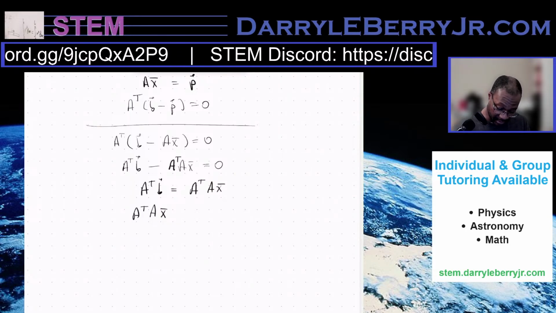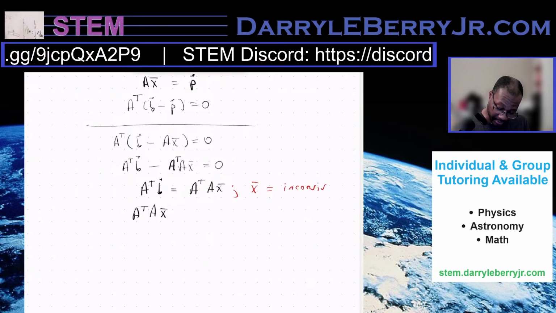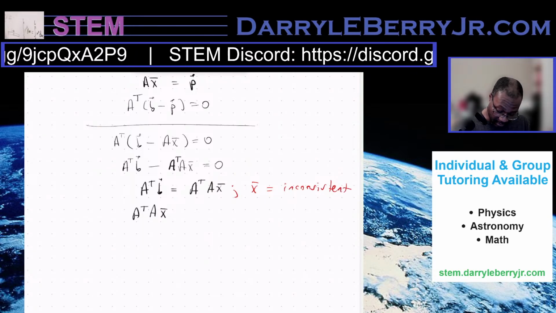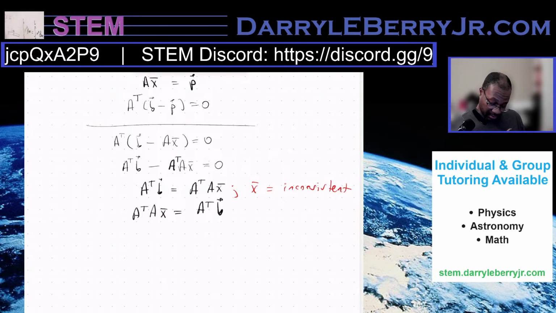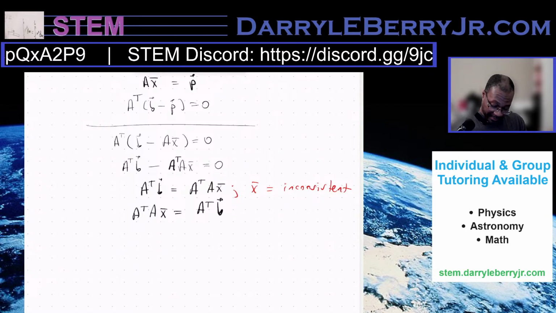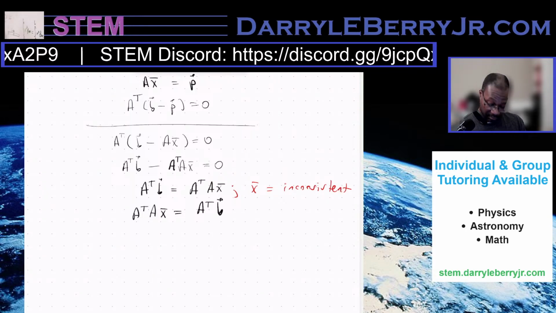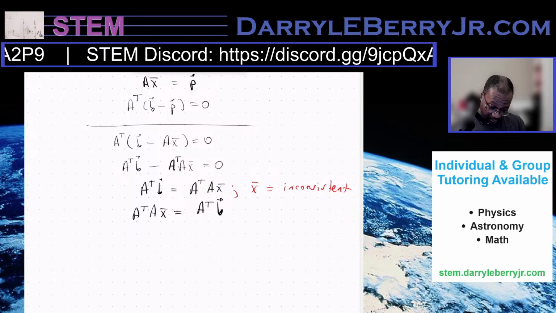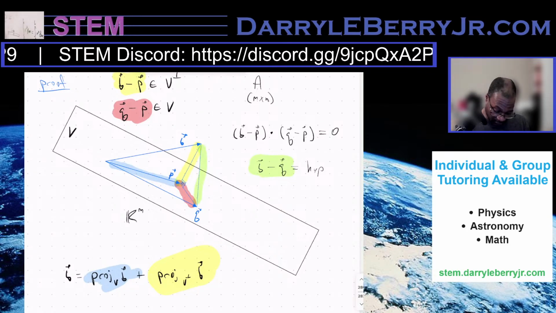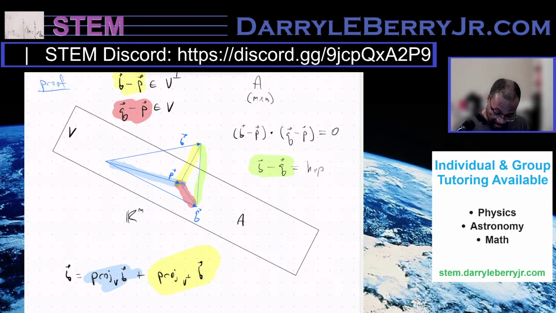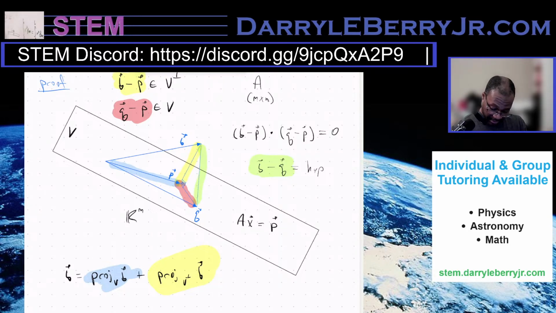So we can say that A transpose A x bar, where A x equals B is an inconsistent system, which means there's no solution, equals the same transpose times B. So the transpose of A times B, that must equal P. So this plane right here is A x equals P, if I'm understanding this correctly.